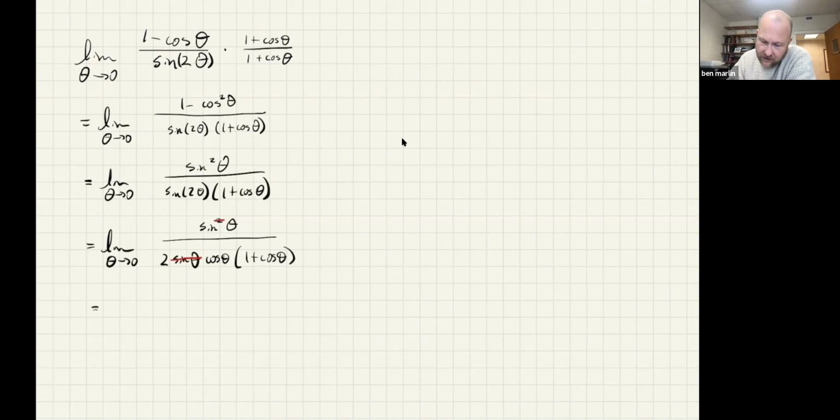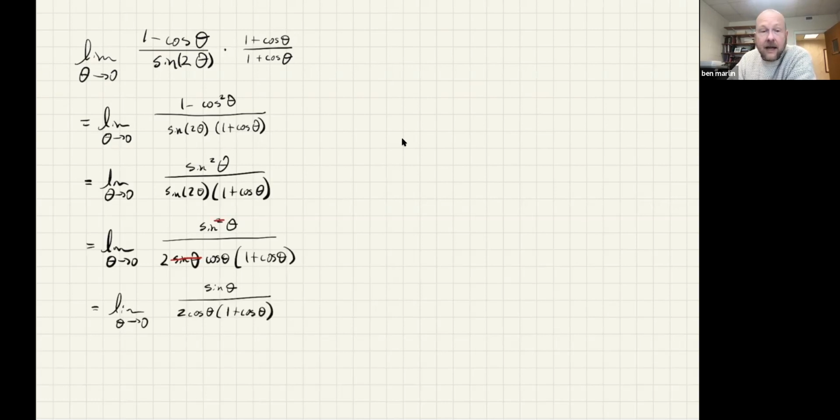So that means we now have the limit as theta goes to 0 of sine theta divided by 2 cosine theta, times 1 plus cosine theta.